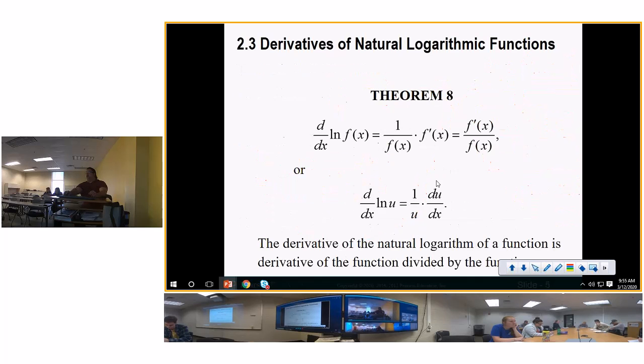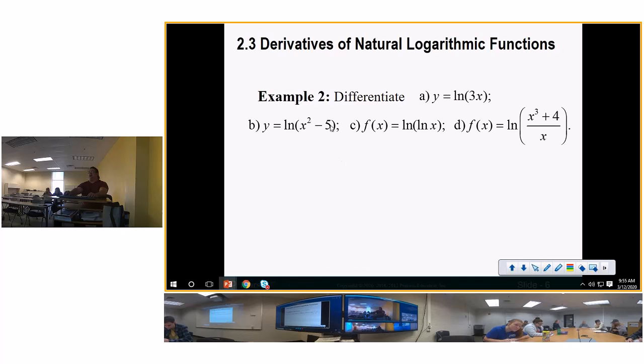Okay? And here we've got the natural log of f of x. This is your chain rule. So you've got to be careful here because this is the chain rule with du over u. So that means that when you do the natural log, what do they do? Okay, here. Natural log of 3x. So let's go ahead and do that one.